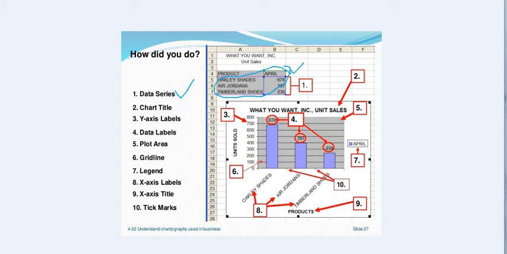Now what is the chart title? We give one title to the chart, so that is the chart title. Here you can see in the second number, chart title, right?